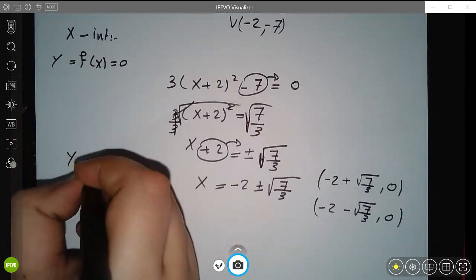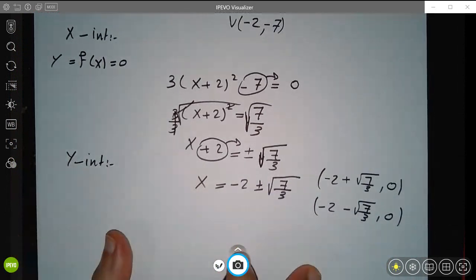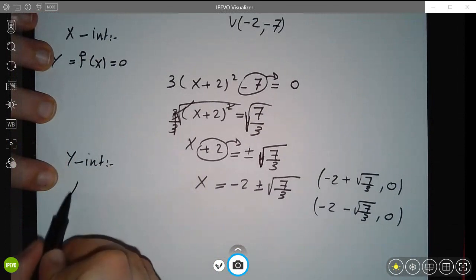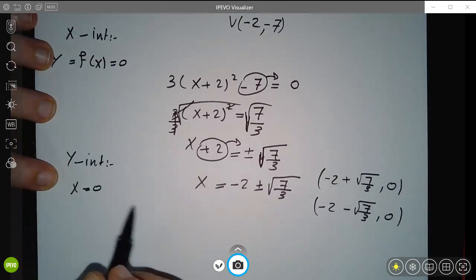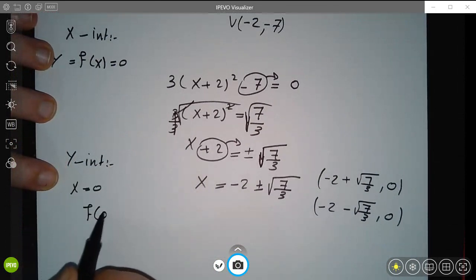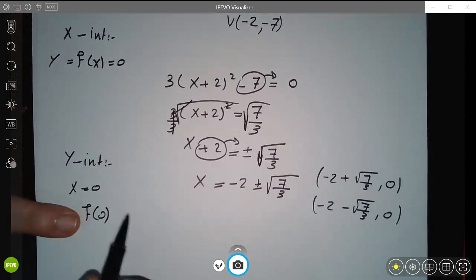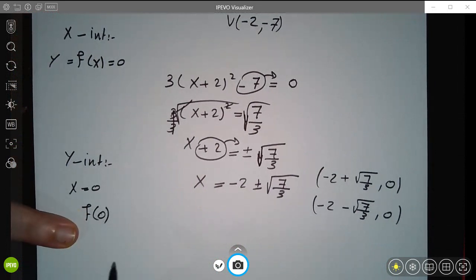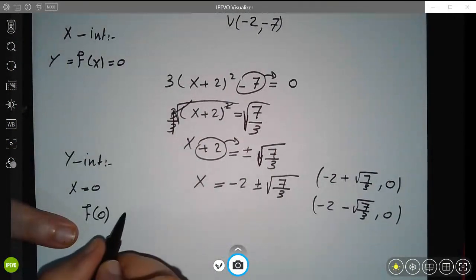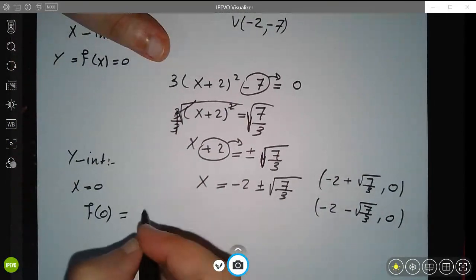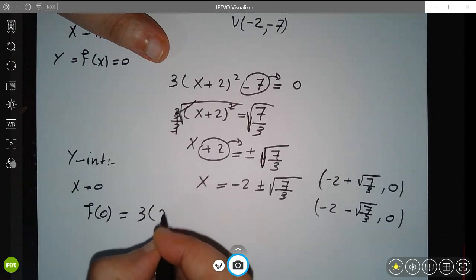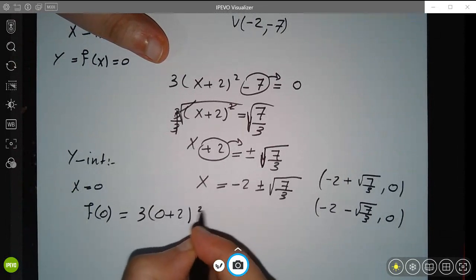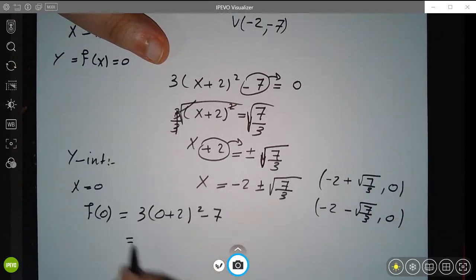So for the y-intercept, the x needs to be 0, which means you need to find f of 0. You're going to plug 0 into the function. So instead of f of x, it's going to be f of 0, which equals, now the function said 3 times 0 plus 2 squared minus 7.